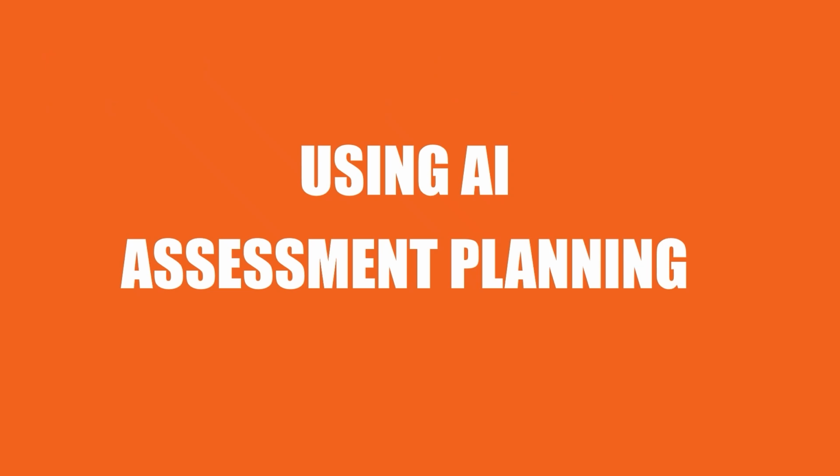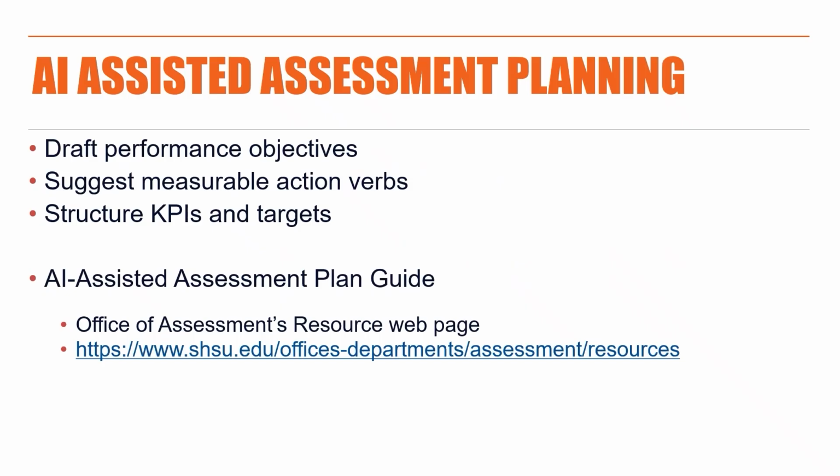When developing assessment plans, AI can serve as a valuable support tool within the assessment process. AI can assist with drafting performance objectives, suggesting measurable action verbs, and helping structure KPIs and targets, which can improve efficiency and support early-stage planning. At the same time, AI-generated content must be reviewed and refined by faculty and staff.